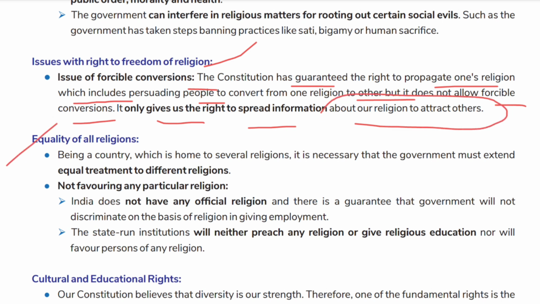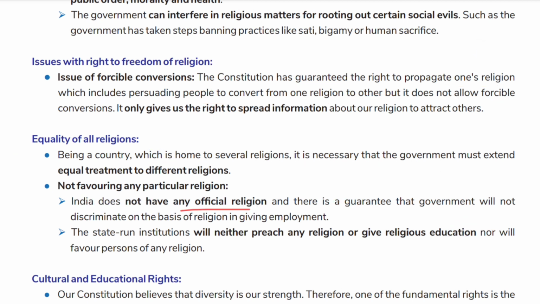Equality of all religions. Being a country which is home to several religions, it is necessary that the government must extend equal treatment to different religions, not favoring any particular religion. India does not have any official religion, and there is a guarantee that the government will not discriminate on the basis of religion in giving employment.